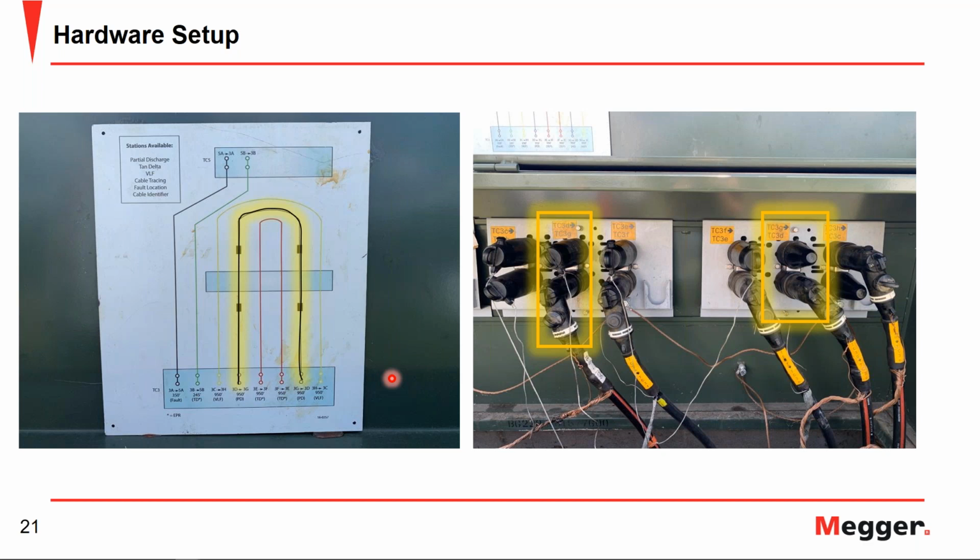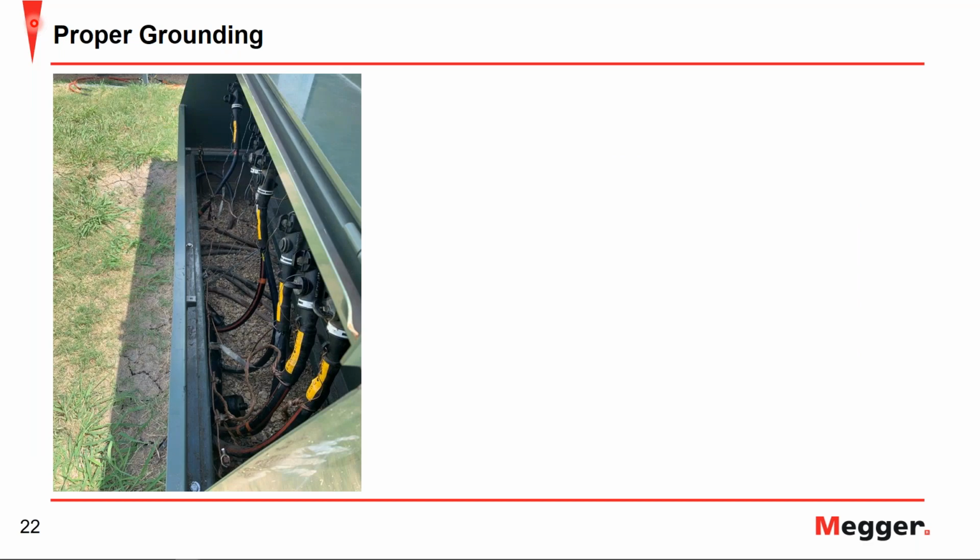Next, once we know our cable run and what we're going to test, and we've looked at our schematic, we identify the actual cable. You can see them on the feed throughs here, the 3D, 3G, and 3G to 3D. Once we've identified that, we want to ensure that we have proper grounding.